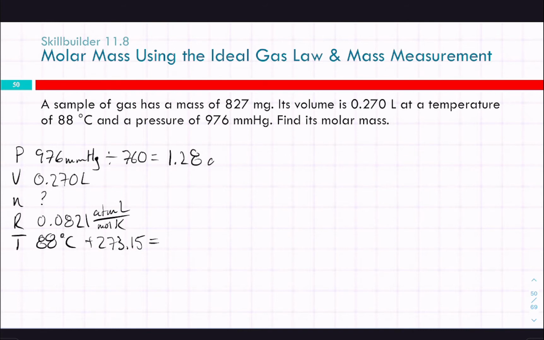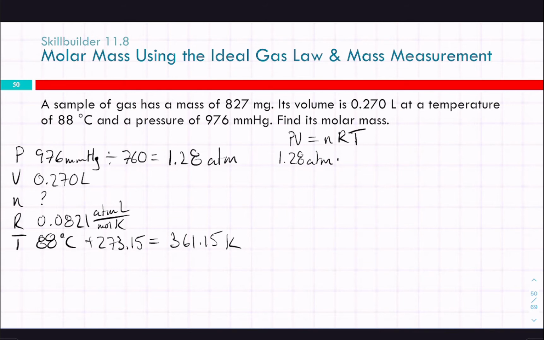So this is going to be your atmospheres. And then 88 plus 273.15 is 361.15 Kelvin. So if PV equals nRT, we can plug these numbers in.